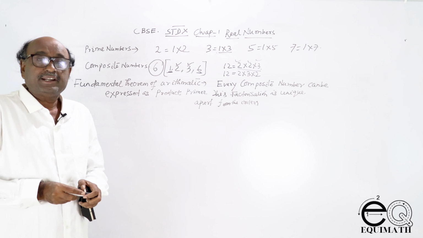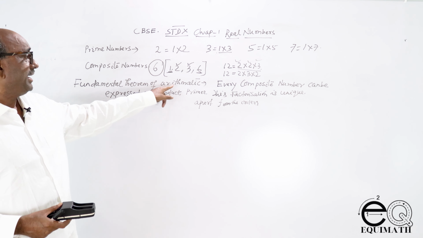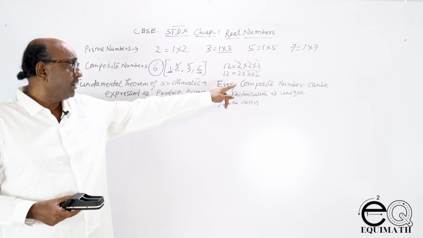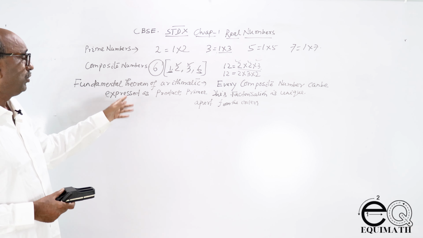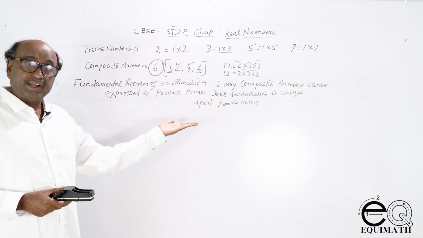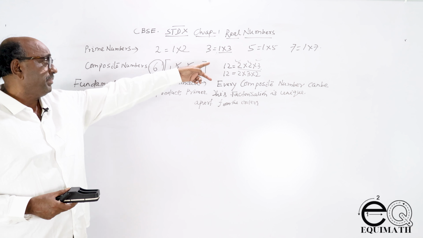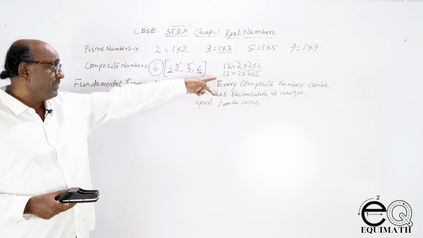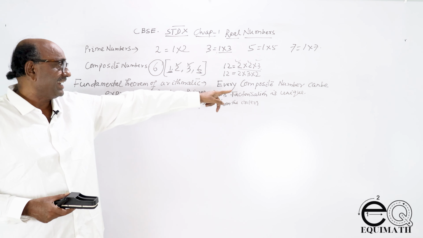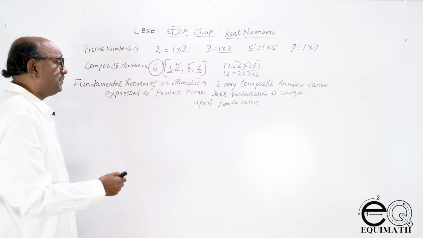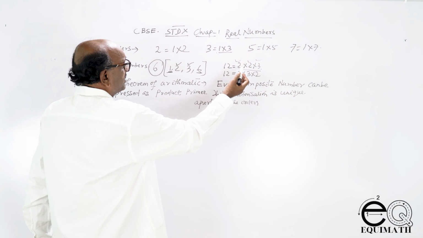Very important, it may come in the exam. So what is the fundamental theorem of arithmetic? Every composite number, suppose 6 is equal to 2 into 3 or 3 into 2, and 12 is equal to 2 into 2 into 3. So every composite number can be expressed as a product of primes, and this factorization is unique, apart from the order.